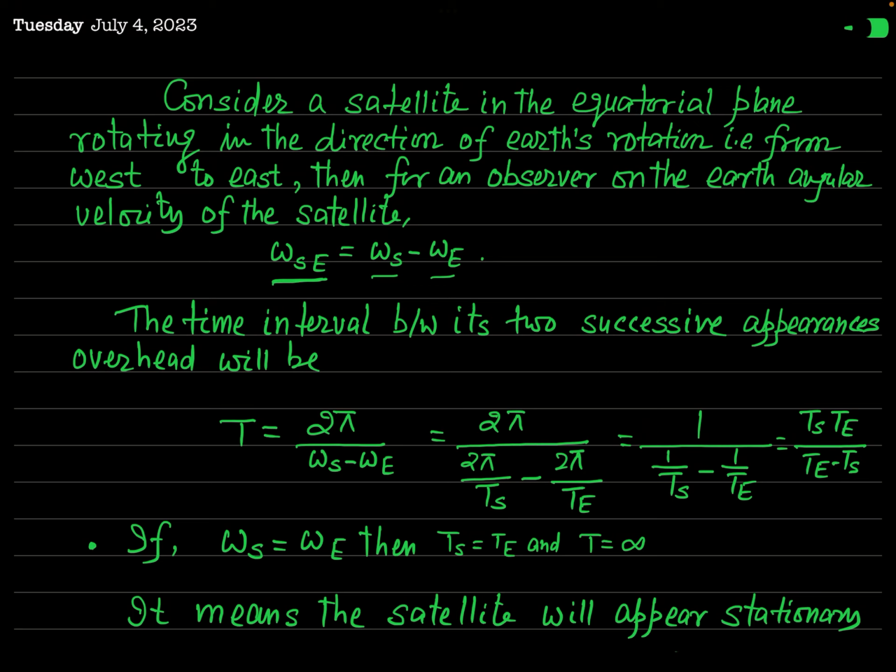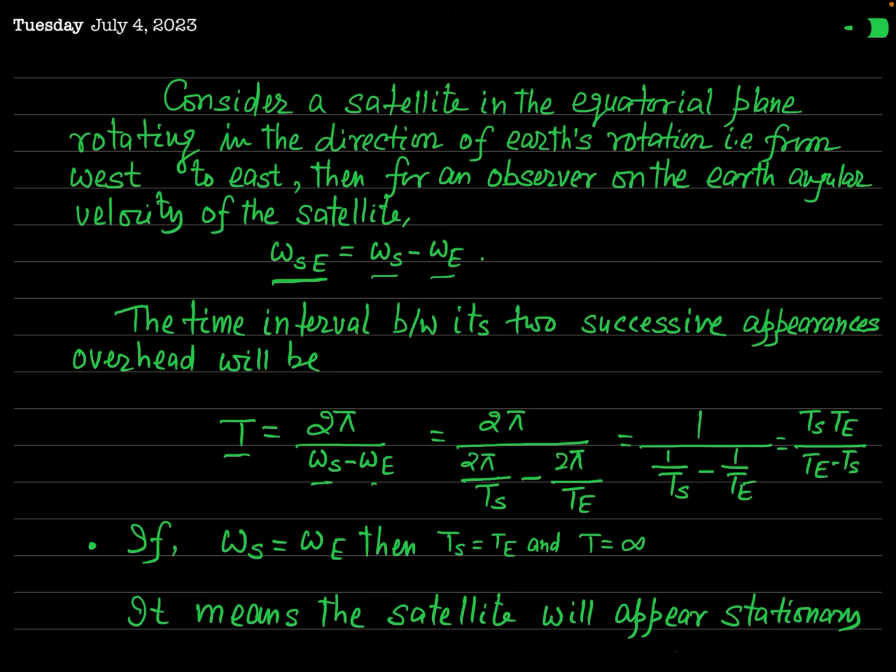Now the time interval between its two successive appearances overhead will be what? This t will be equal to 2 pi divided by omega se, but omega se is equal to omega s minus omega e. And this will be equal to 2 pi over, now omega s, the angular velocity of the satellite, will be 2 pi over ts, where ts is the time period of revolution of the satellite.